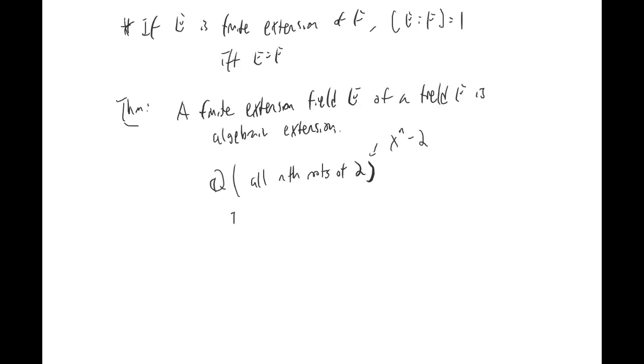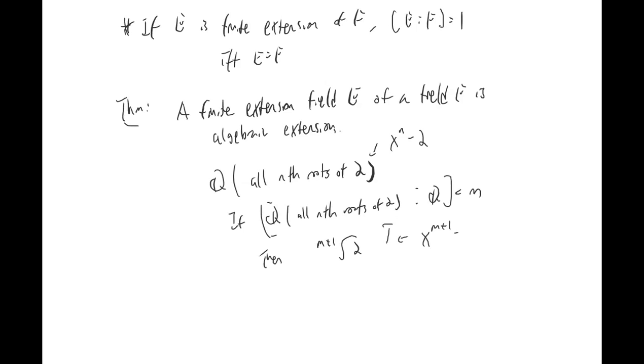Because if this was a set number, let's say, pick your favorite number, like M, then this can't happen because then the (M plus 1)-th root of 2 would not be in here. This is a root of x to the m plus 1 minus 2, which is irreducible by Eisenstein. So you see it can't be finite, but it's still algebraic.